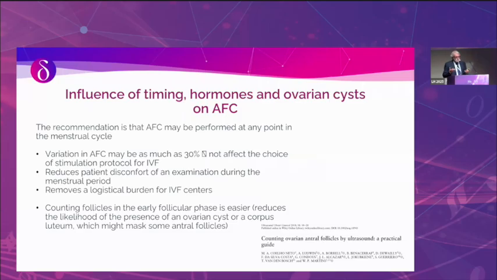It's fundamental, as operators, to standardize our approach, to use a particular phase of the cycle. But there's no clear evidence that a particular phase of the cycle improves your capacity to predict the future response of these ovaries.